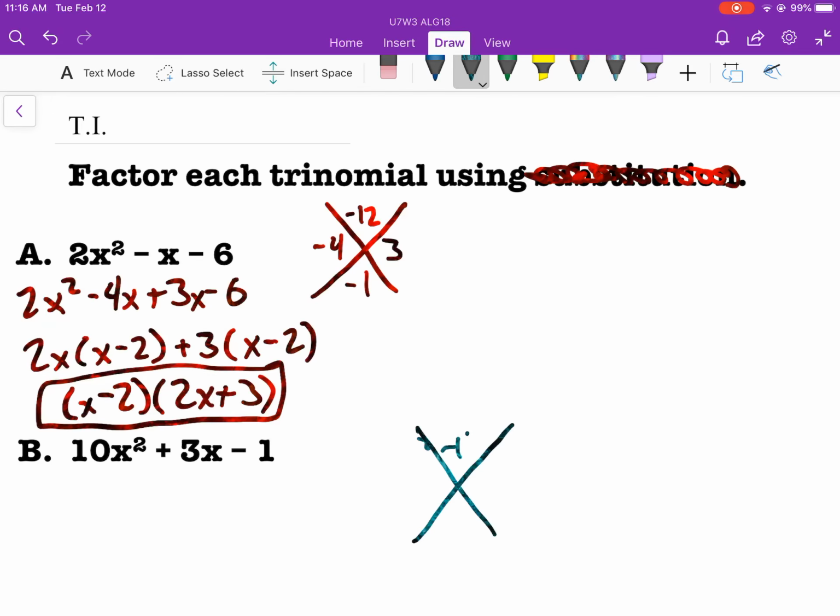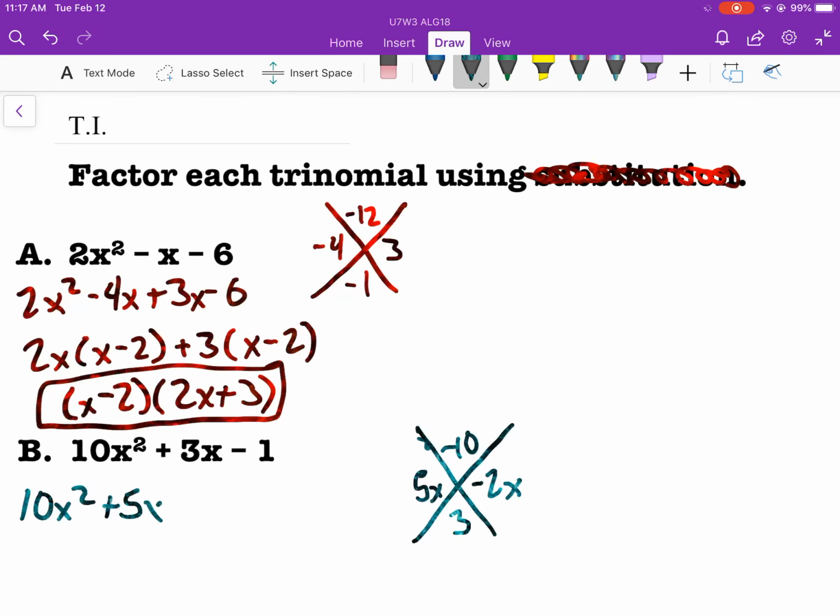Same deal. Different color. Two numbers that multiply to negative 10 and add to 3. 5 and 2, where the 5 is positive and 2 is negative. And then rewrite: 10x squared plus 5x minus 2x minus 1.